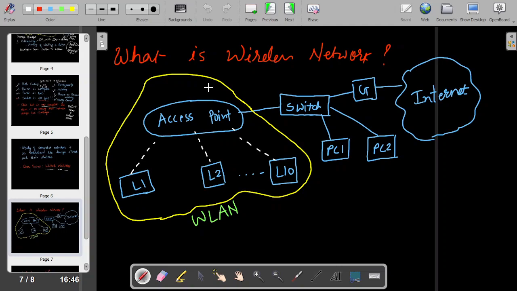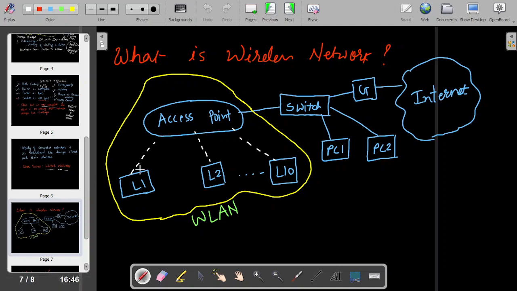Normally, access points are devices which are mounted on a wall, and these are the laptops L1, L2, L10. These laptops are connected to the access point using wireless links. These white colored dash lines mean wireless links.